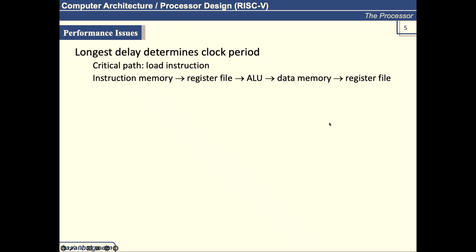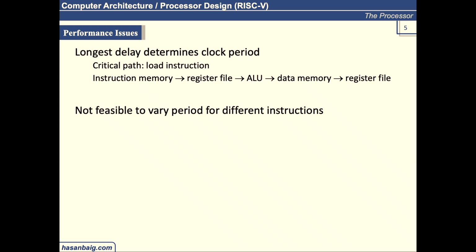Once we design the circuit, it is not feasible to vary the cycle period for different instructions. If you remember when I was discussing the clock topic, I told you that the clock is generated by a circuit called a clock generator. It keeps toggling the signal after every certain interval of time.